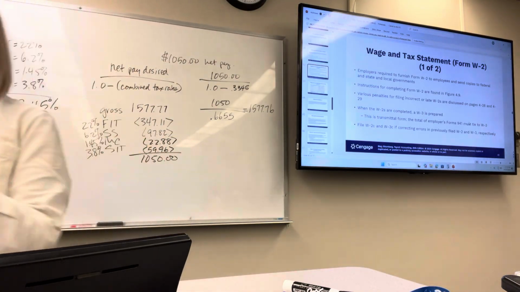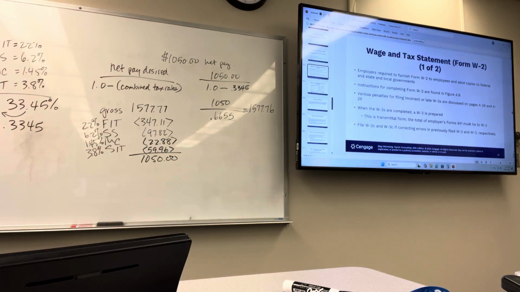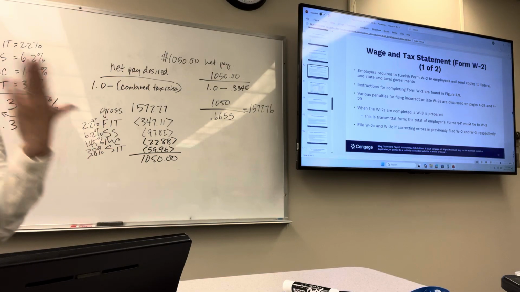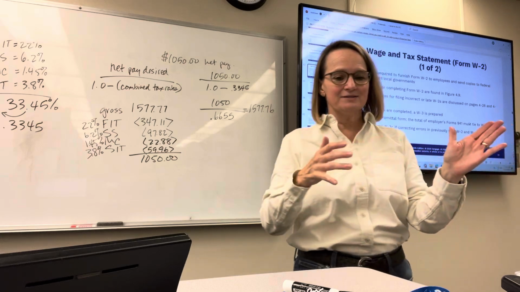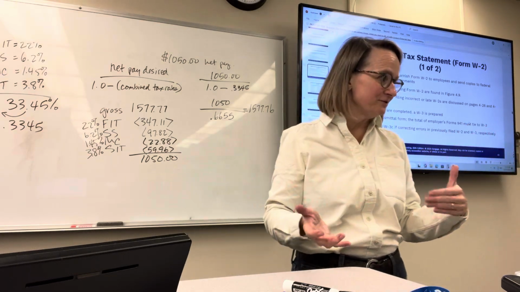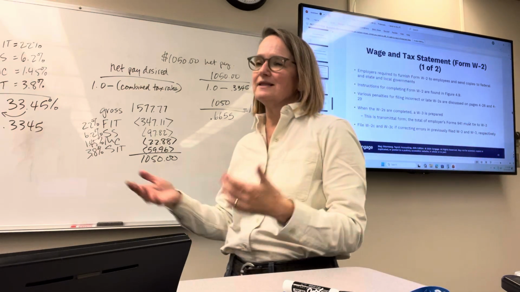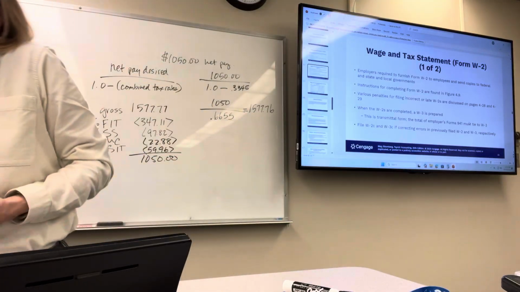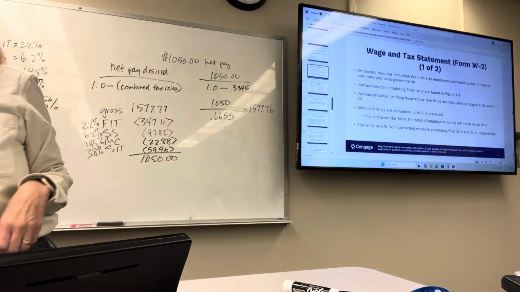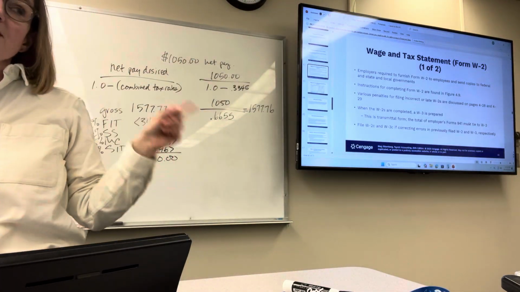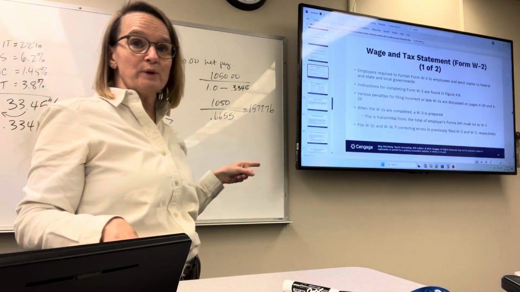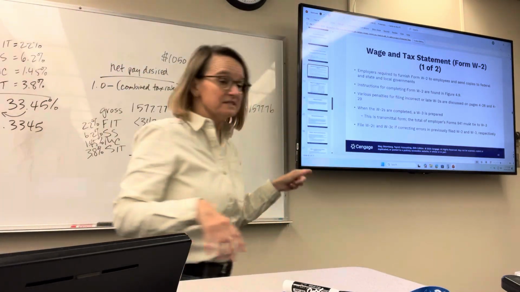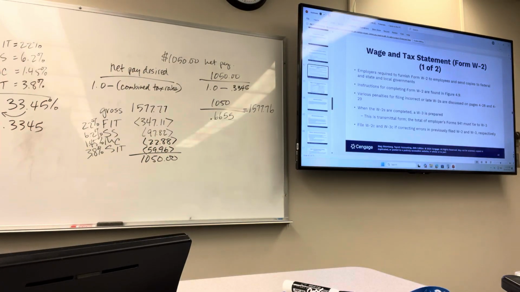Employees have a difficult time reporting an amount that is different from what's reported on their W-2. So for example, let's say they made $50,000, but they want to say they made $40,000 on their tax return. Really difficult to do that because the IRS is also getting a copy of that W-2. They know exactly how much the employee has earned. And the state is getting a copy of it as well.